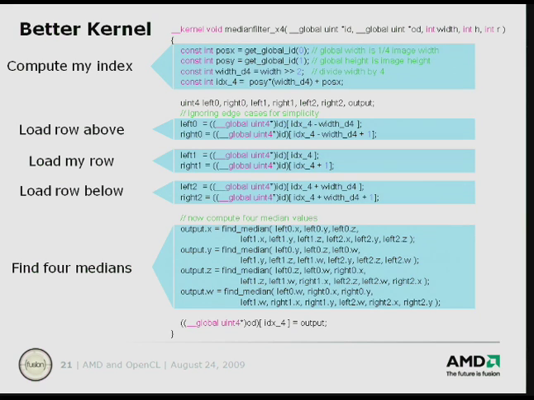And then we're going to calculate 4 medians simultaneously. So we've done a lot more math, right? I didn't expand out all those functions here, but we've done a lot more math. And then we can actually, if we're careful, put this together so we can do a 128-bit store as well. So this is pretty efficient for what you can do on a modern CPU or GPU.